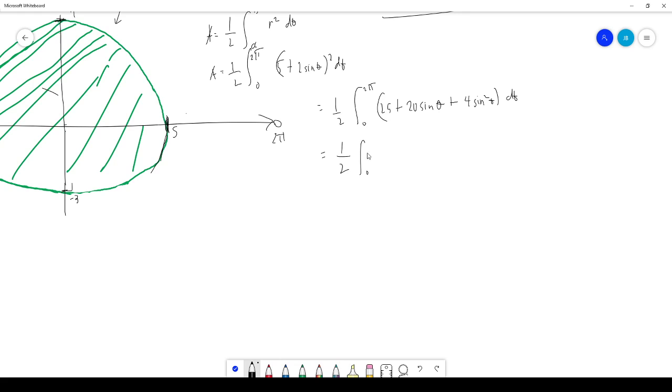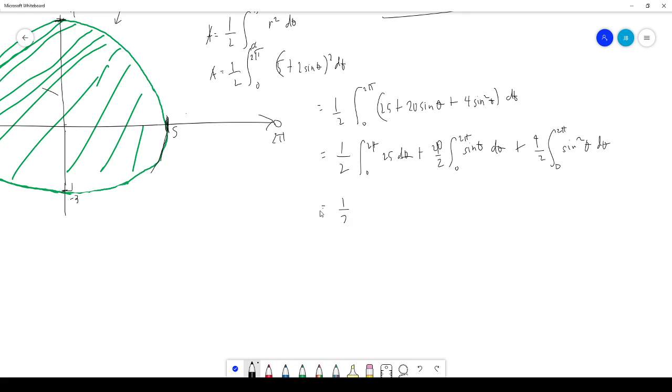So that's 1 half from 0 to 2 pi, 25 d theta plus 1 half, so that's 20 sine theta d theta plus 4 over 2 integral of sine squared theta d theta. And that is from 0 to 2 pi.